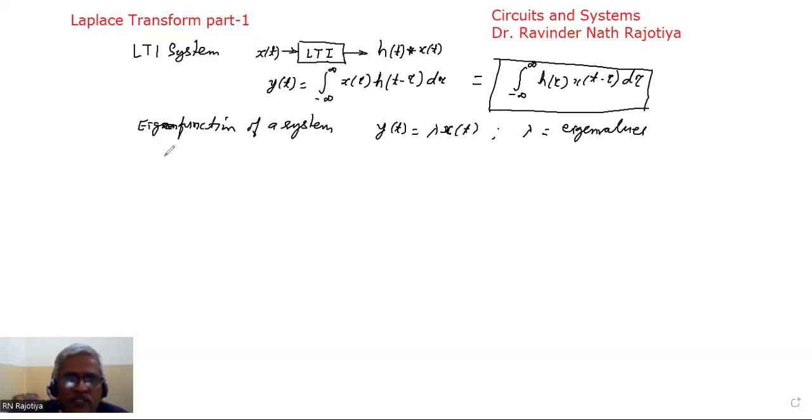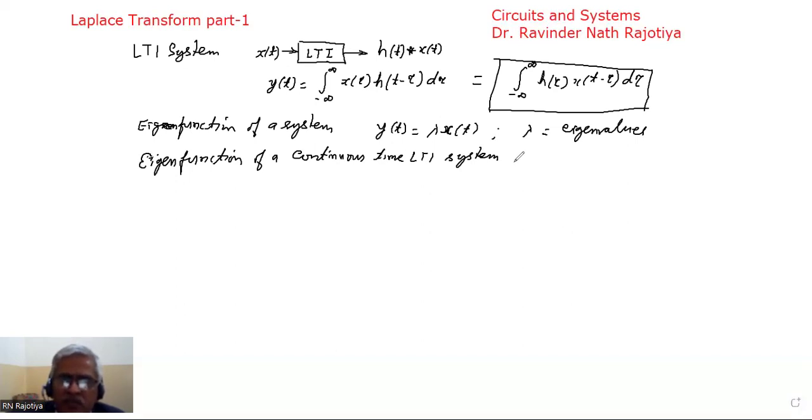Also, the eigenfunctions of a continuous time LTI system, let's say represented by T, are the complex exponentials e^(st), with s as a complex number.